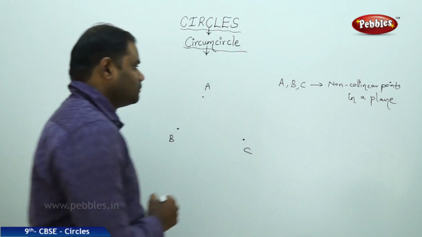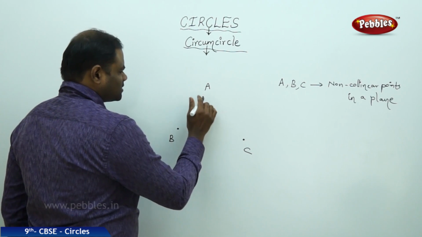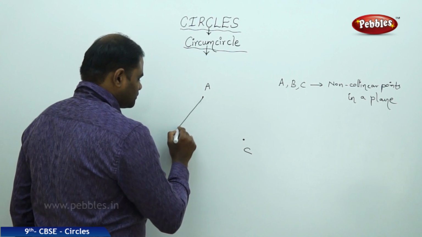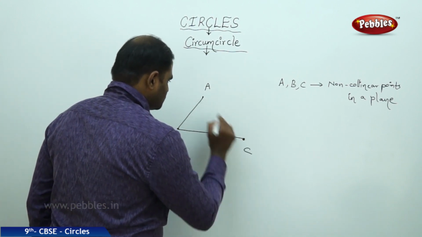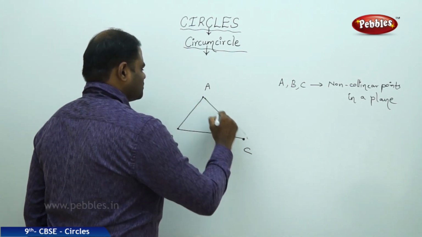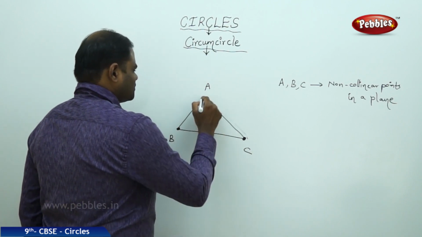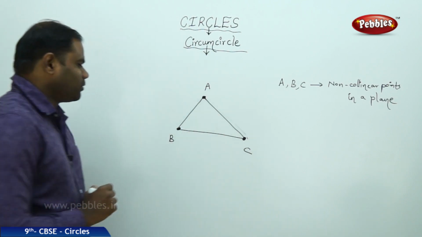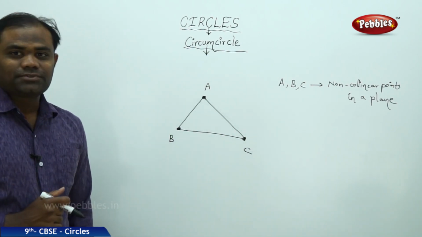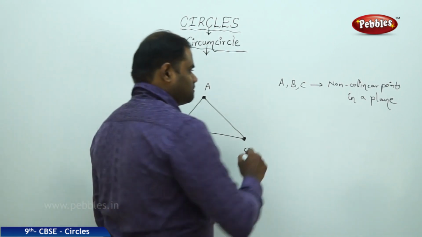in a plane. Let me join the points and see what kind of figure we get. Here we get 3 points A, B and C, and these 3 non-collinear points, when I join them, form a triangle ABC.